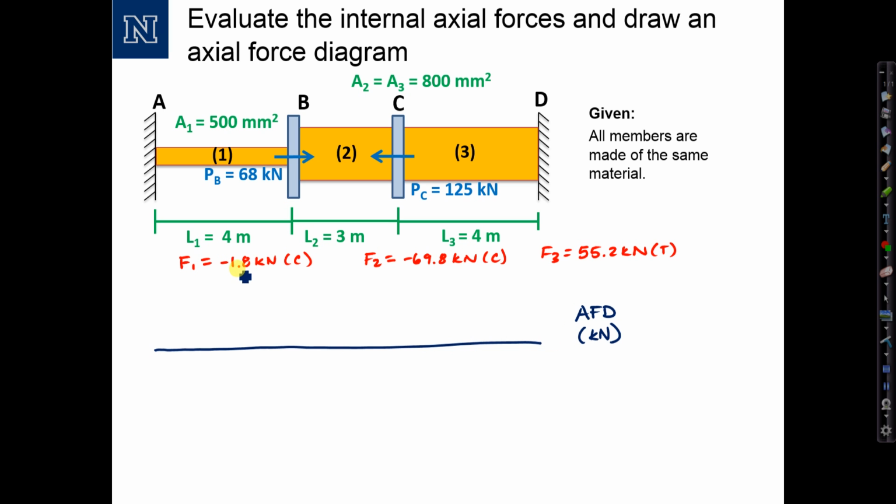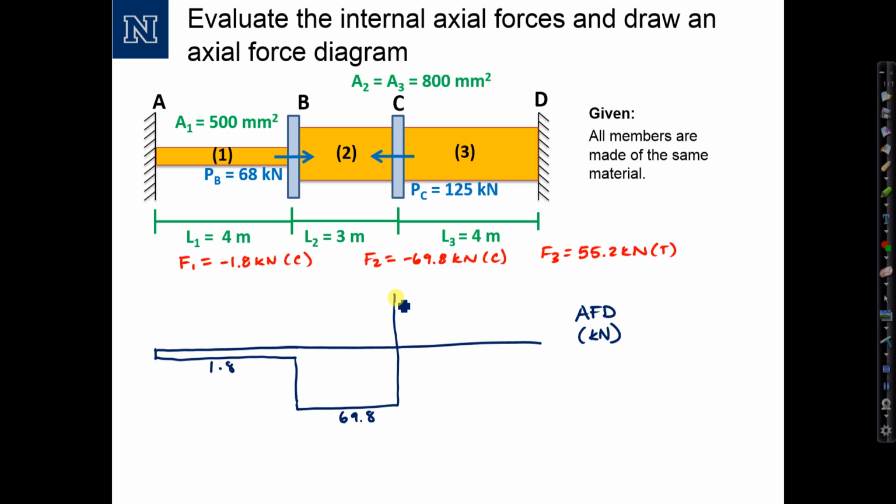Okay, F1 is negative 1.8 kilonewtons, compressive, so it jumps down by 1.8. F2 is negative 69.8, so I'm going to go down to 69.8. Remember, the difference is 68. This value here is 1.8. This one's 69.8. And the last one is 55.2.